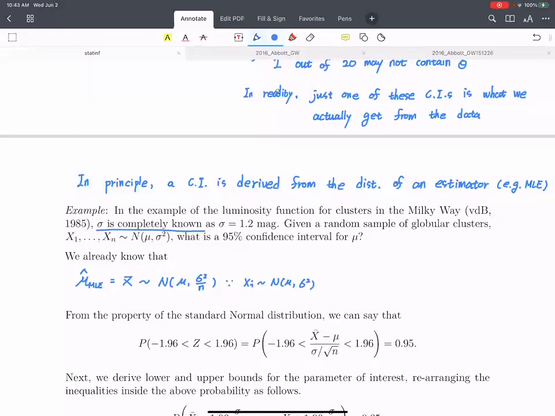So this is equivalent to saying that the standardized sample mean, subtracted by the mean and divided by the standard deviation, follows a standard normal distribution, centered at 0 with variance 1, because we standardized it.